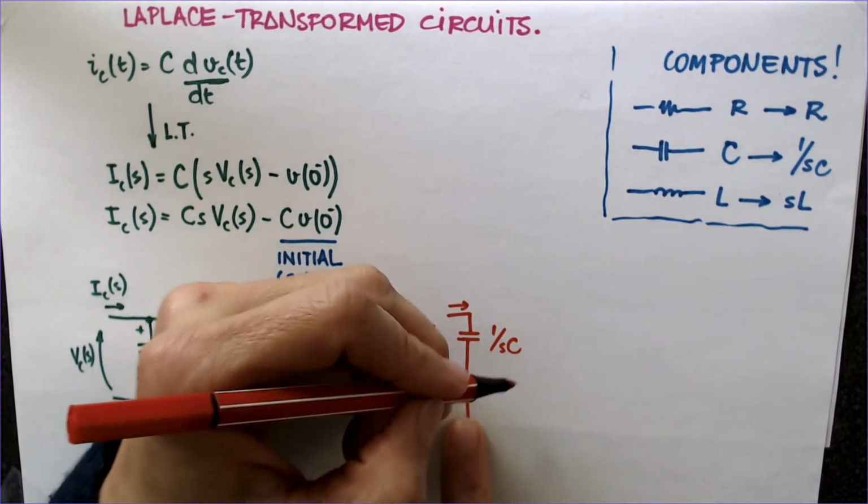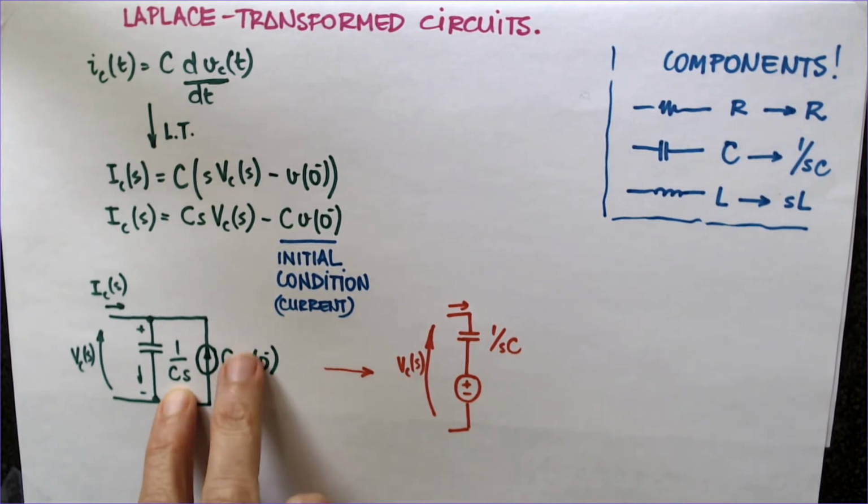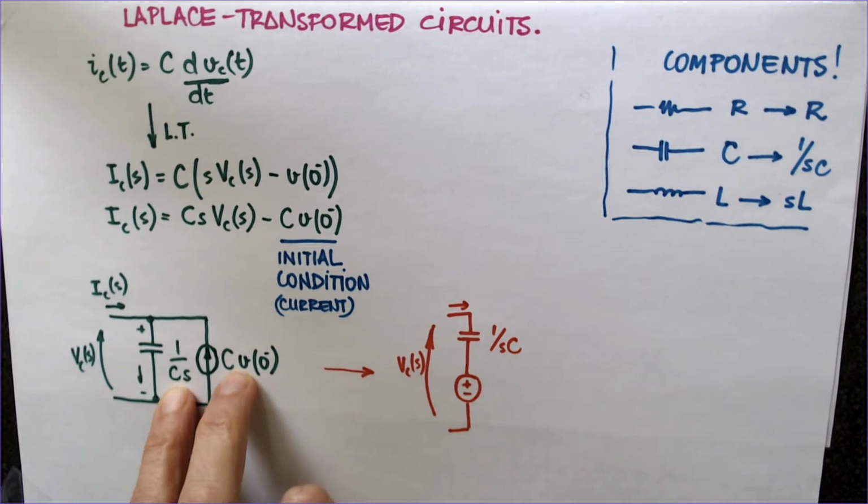So I'm going to multiply CV0 by 1 over Cs, so the capacitor gets out of that, and the voltage supply is just V of 0 divided by s. The reason for the plus on the top of this voltage supply is that the current arrow is pointing up.